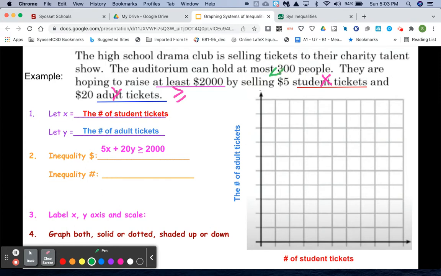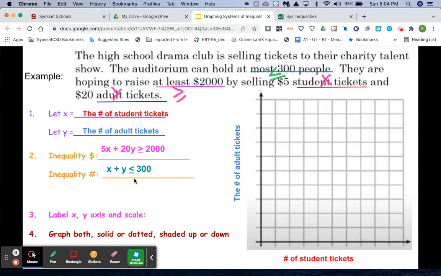That would be okay. I could have equal to 300 people. That would be okay. I just can't have more than 300 people. So I can have less than or equal to 300 people. All my students, X, plus all my adults, Y, is less than or equal to 300. So here's my inequality, X plus Y less than or equal to 300.